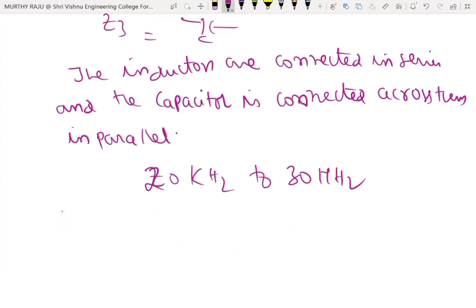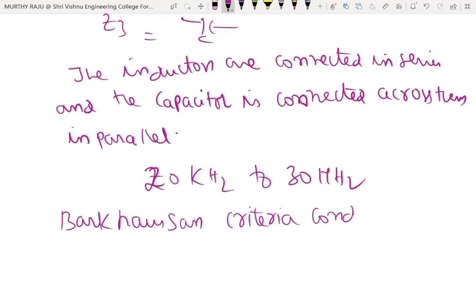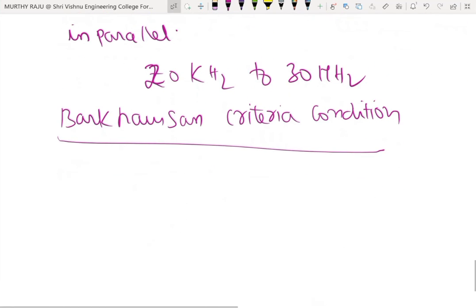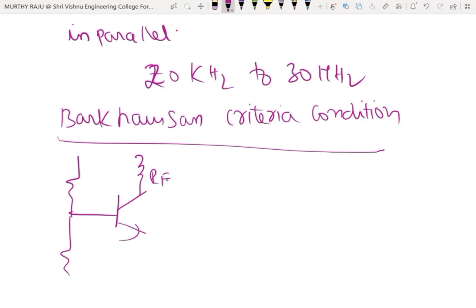Now, Barkhausen criteria conditions. This one is an amplifier circuit. This is the RFC.